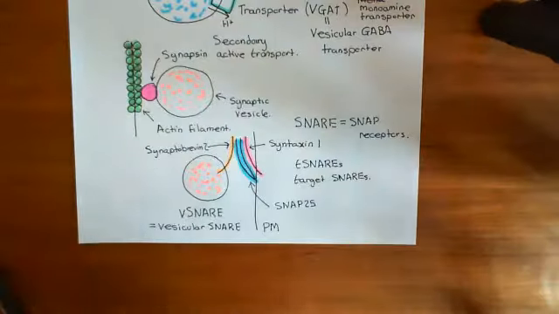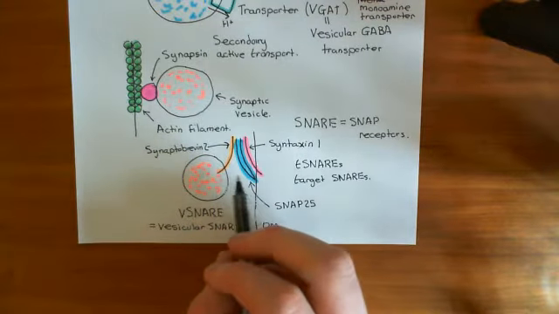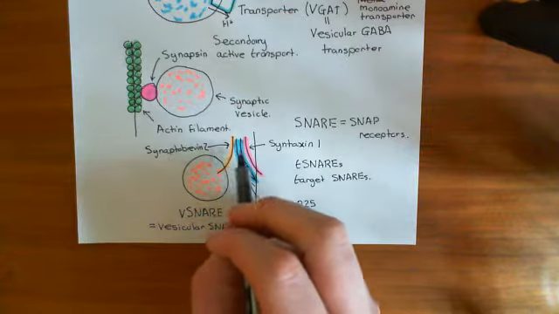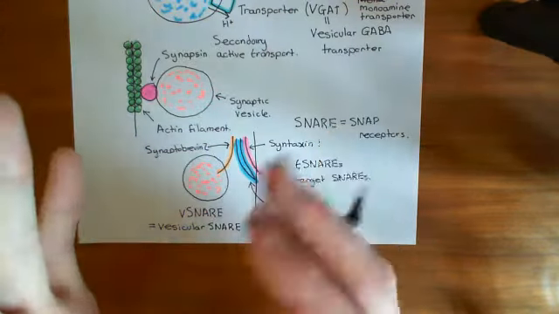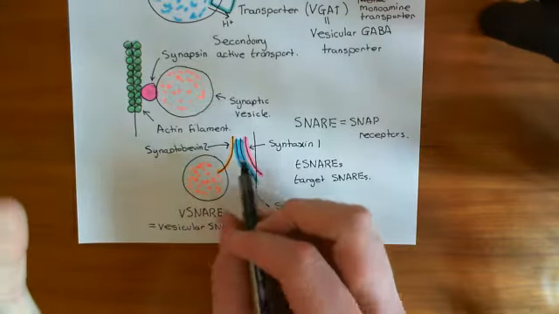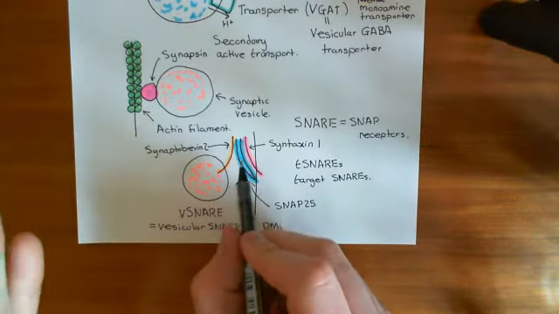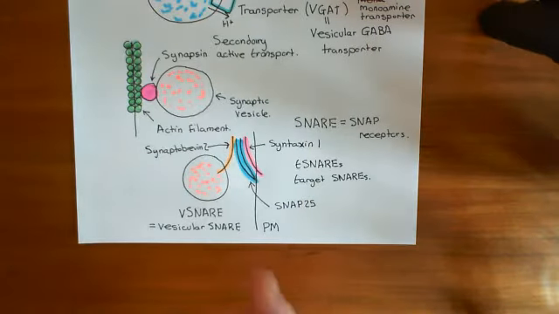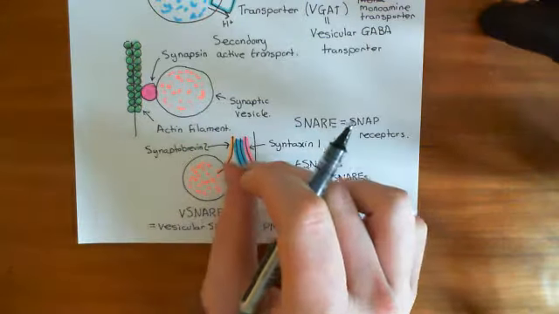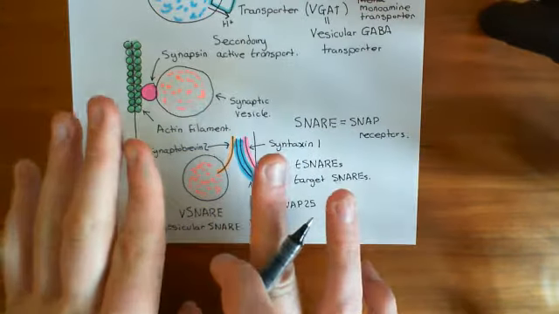The vesicle comes to the plasma membrane and gives up its synaptobrevin 2. So synaptobrevin 2 will also add into this complex. You first associate syntaxin 1 with SNAP25, and then synaptobrevin 2 comes and joins the fun, and wraps around too. They all have these alpha helices; SNAP25 has 2. They wrap around each other and form a very tight bundle, which will bring the two membranes very close together.